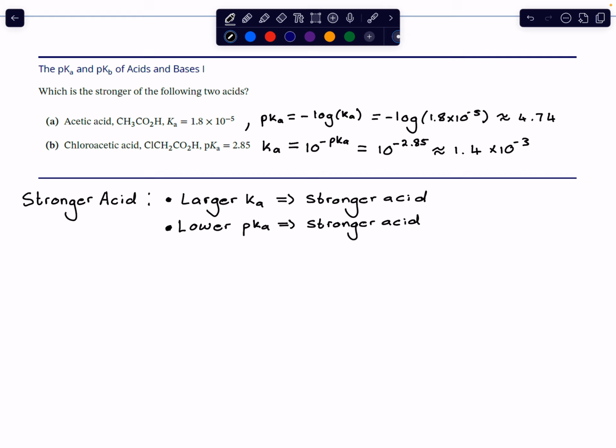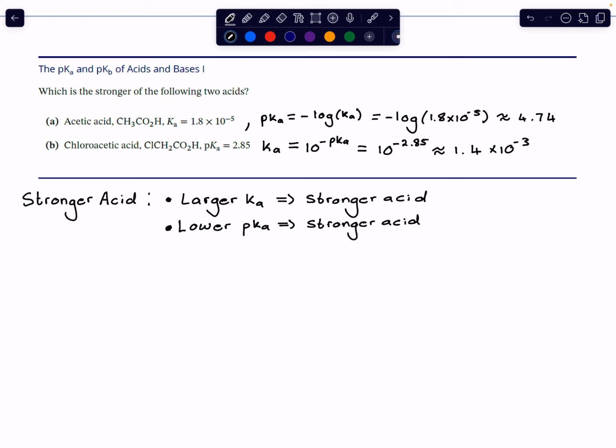Because the smaller the pKa is, meaning the closer it gets to 0, the larger the Ka would be, because you have to take 10 to the power negative the pKa. So the pKa needs to be smaller, closer to 0, because then you get a value closer to 1 for the Ka. And the Ka gets bigger the smaller the pKa gets.